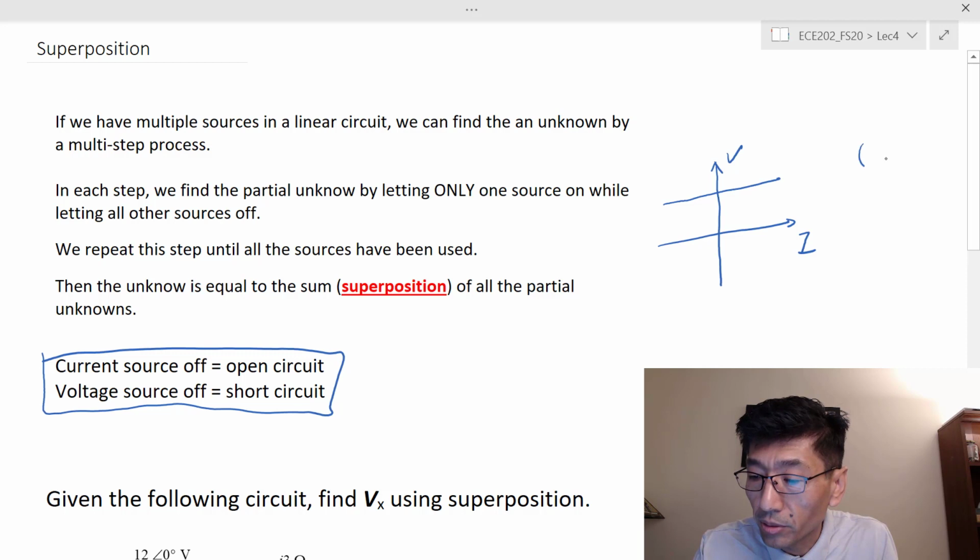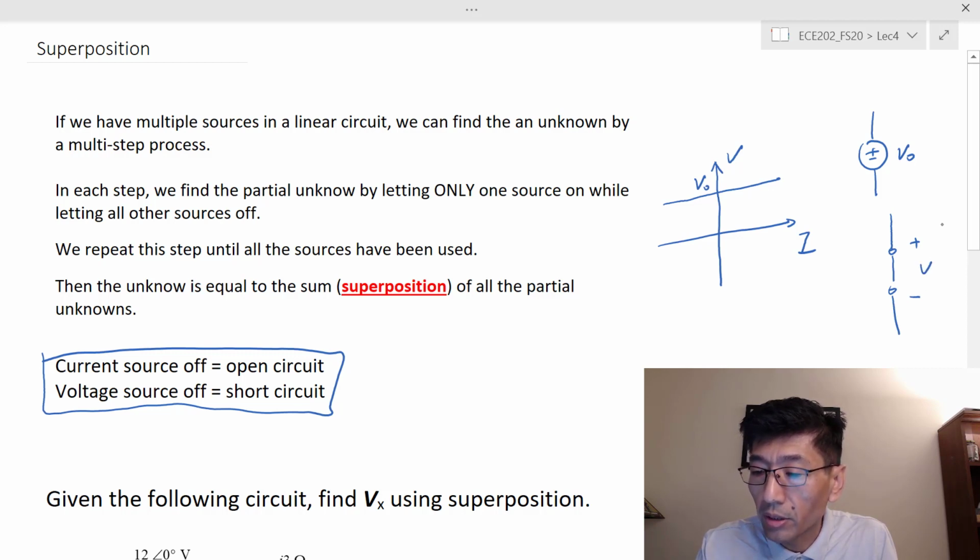So you have a voltage source V0, which means the current could be anything and the voltage is just a constant. Now compare with the short circuit: the voltage across a short circuit is just 0, and the current could be anything.